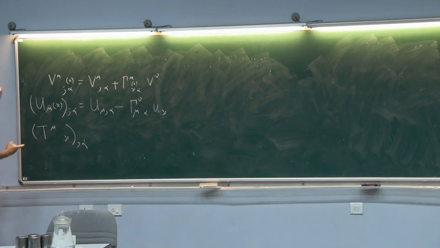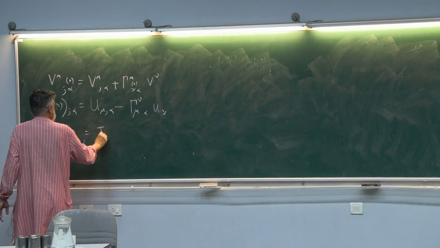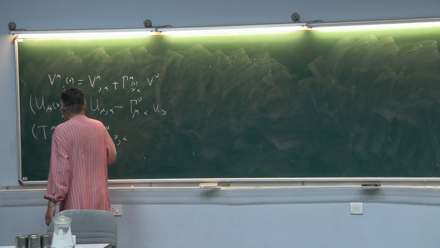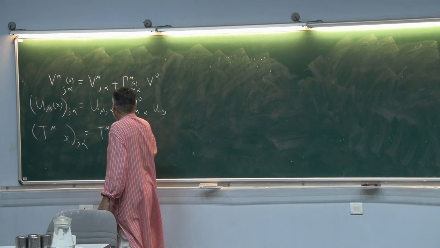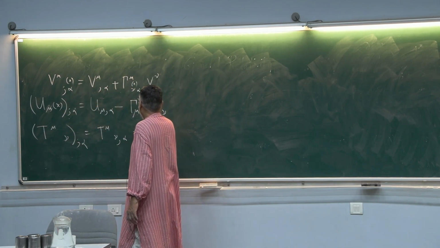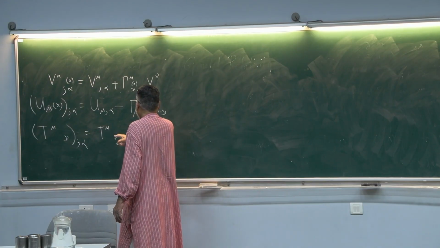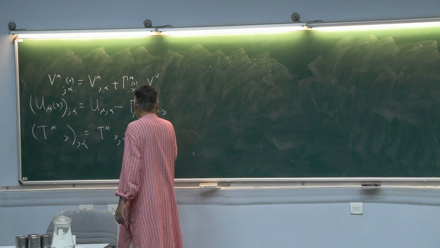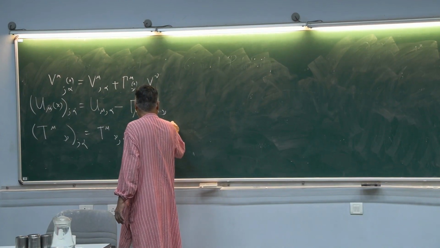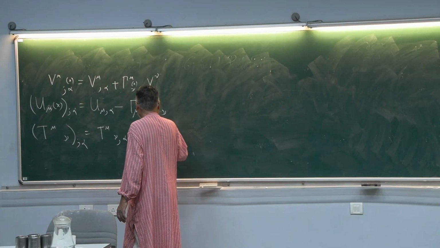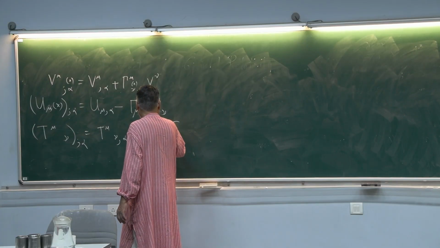Okay, I will first give you the result. I will tell you how to derive it. So this you can show is T^μ_ν with ordinary partial derivative α. There is a contravariant index, so it will be like this: plus Γ^μ_{ασ} T^σ_ν. Oh, there is also ν, so I better not use the index ν for that.